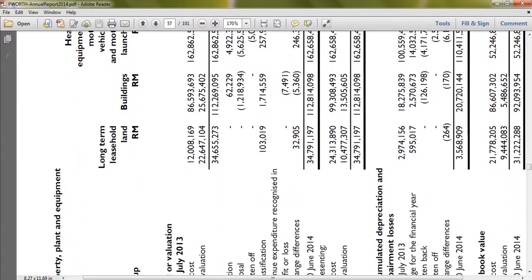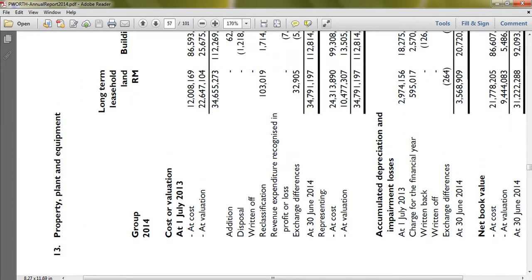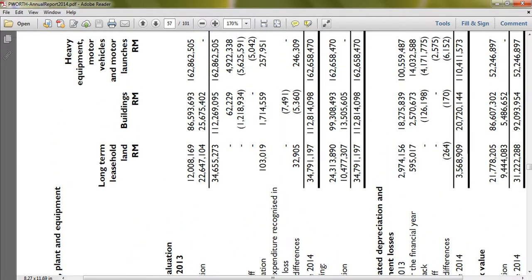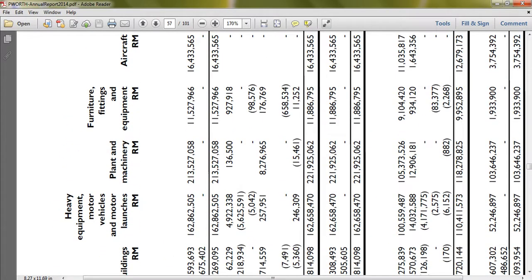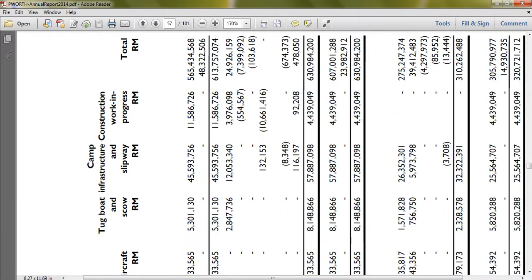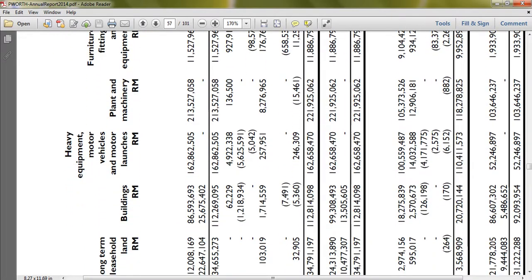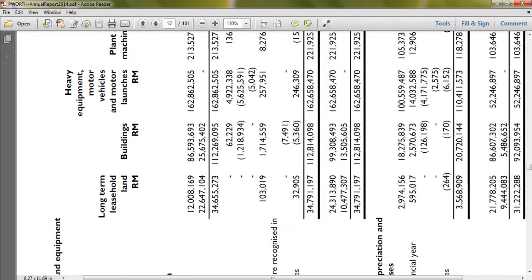Note 13. Wow, it's wave killing, man. Land, buildings and launches. These are the things that I don't really like very much. Wow, there are so many things. Buildings, lands, okay, buildings, heavy equipment, motor vehicles, and motor launches.